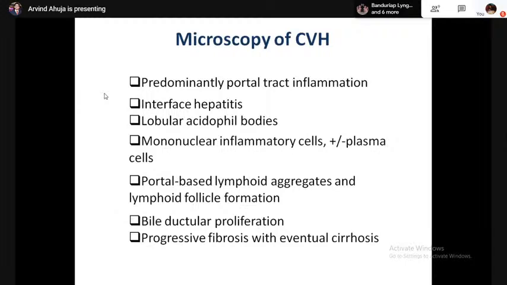Portal based lymphoid aggregates can also be there, mostly when it is related to hepatitis C. You can also find lymphoid follicle formation. And whenever there is portal inflammation and fibrosis, there is bile ductular proliferation, and there is progressive fibrosis and eventually cirrhosis in chronic hepatitis.